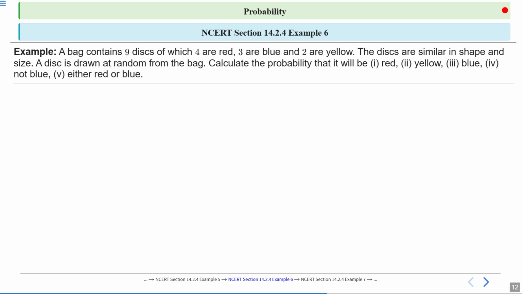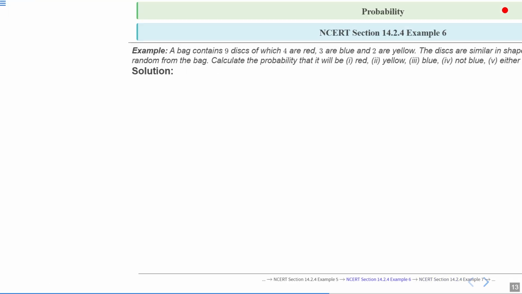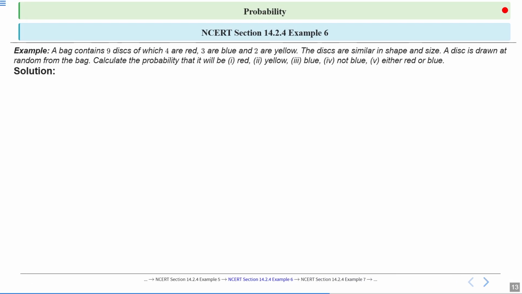Okay, students, I hope you tried to solve this example. Now we will solve it step by step. How many discs are in the bag?